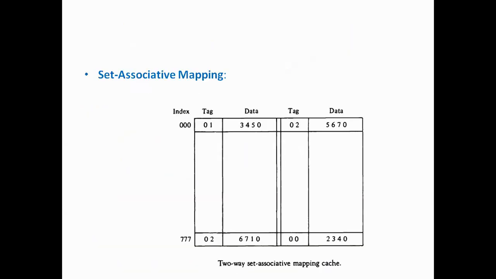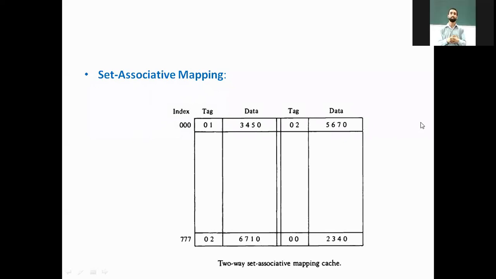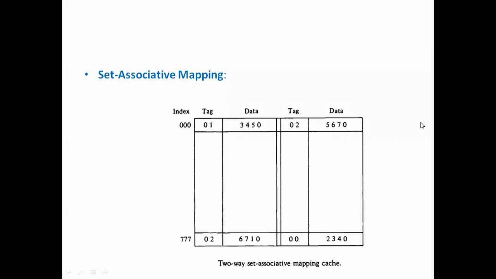That we can see here in set associative mapping. So this is the structure of a set associative mapping cache. Very similar to direct mapping, but extra things are added here. So we have an index. Corresponding to that index, there is a tag and data, and in the same row there is again a tag and data, and it may continue depending on the structure.